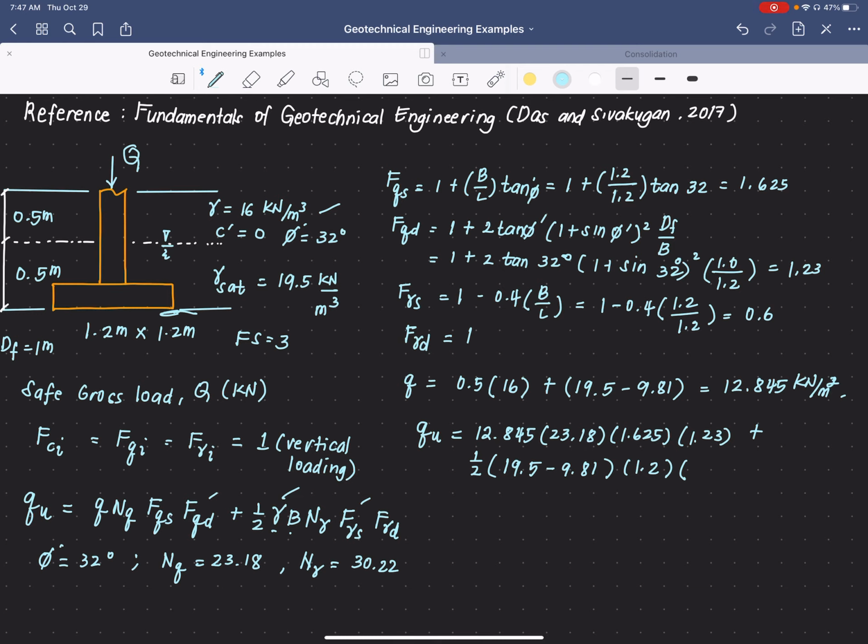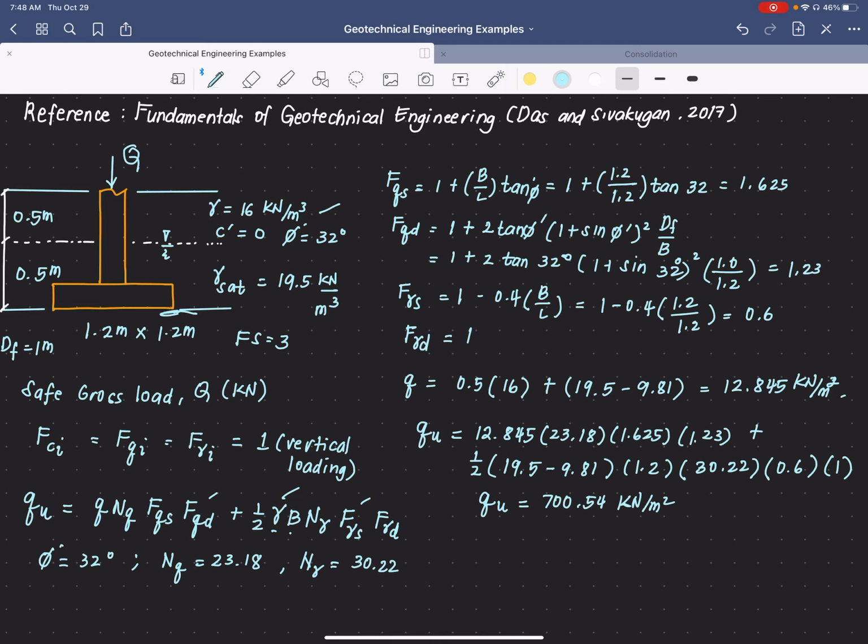Then our N sub gamma is 30.22. And then we have F sub gamma S, which is 0.6. And then our F sub gamma D is 1. So with this, we can calculate our Q sub U, or the bearing capacity, which is equivalent to 700.54. This is in kilopascal, or kilonewton per square meter.